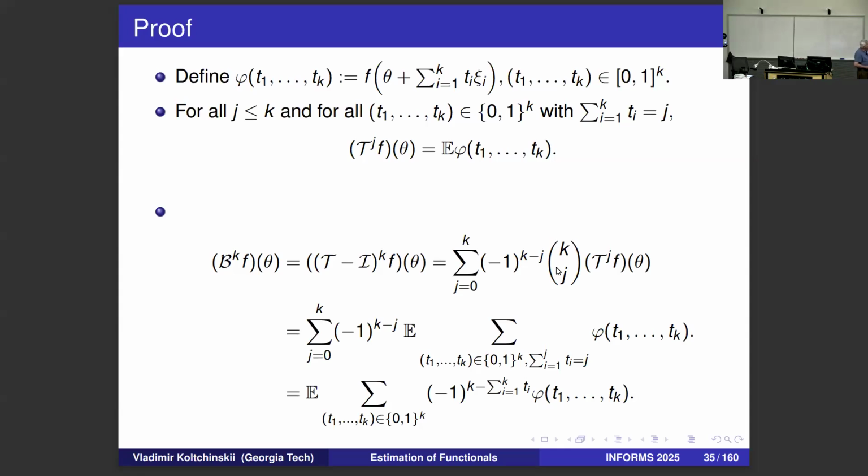I can replace this k choose j by this sum over all these vectors which have exactly j coordinates equal to 1, and the expectation for each choice of such a vector is exactly the same. So I can replace this product by this expectation. I can now pull out the expectation, and I have a certain sum of the values of my function.